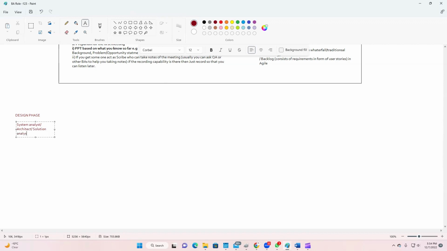So there are multiple roles that can do the design: an architect, a solution analyst, or a system analyst. These are similar roles that usually do the system design.